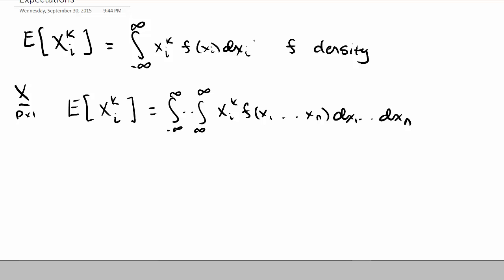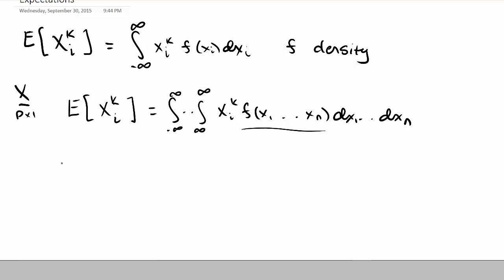We would have that, whereas over here we're saying let's get this expected value by integrating over the entire joint multivariate distribution, over all of the components of x.